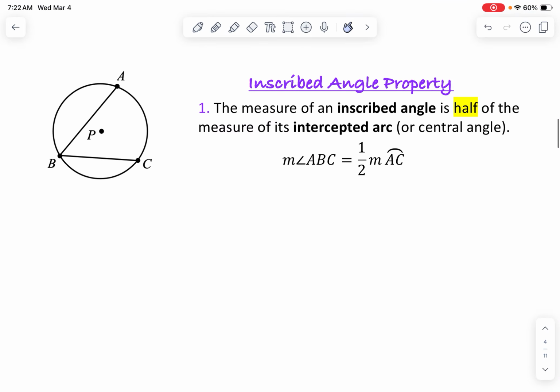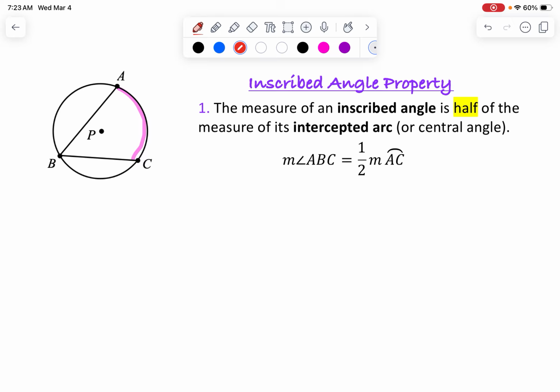Now, inscribed angles have some properties that we have to be aware of. The inscribed angle property says this: the measure of the inscribed angle is half the measure of its intercepted arc or central angle. So for example, this is the arc, right?